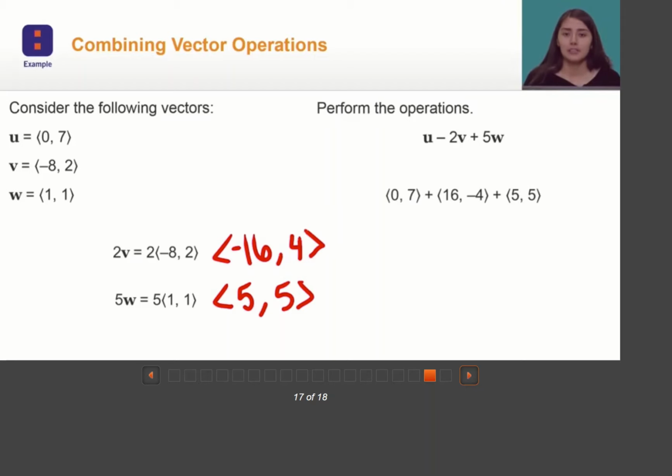We get 0, 7 plus 16, -4 plus 5, 5. Adding the horizontal components gives us 0 plus 16 plus 5, and adding the vertical components gives us 7 minus 4 plus 5. Simplifying, we get 21, 8.